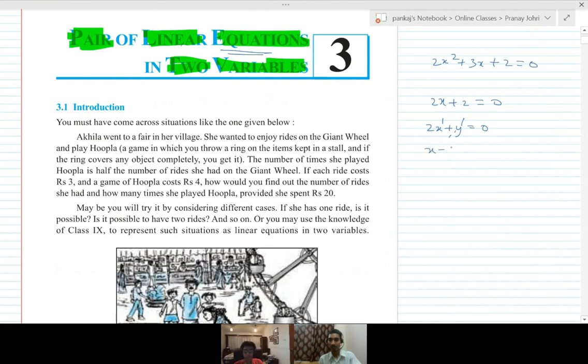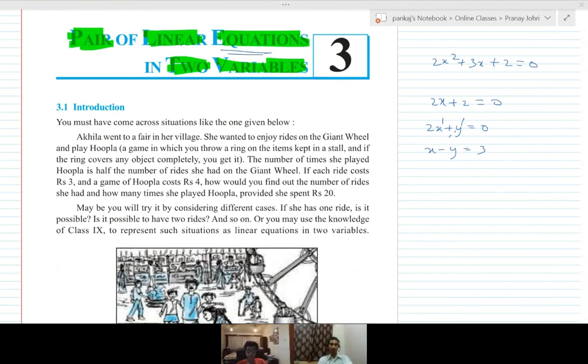Great. So whenever we have two equations that comprise of two linear equations, and which has two variables included in it, that is a pair of linear equations in two variables.